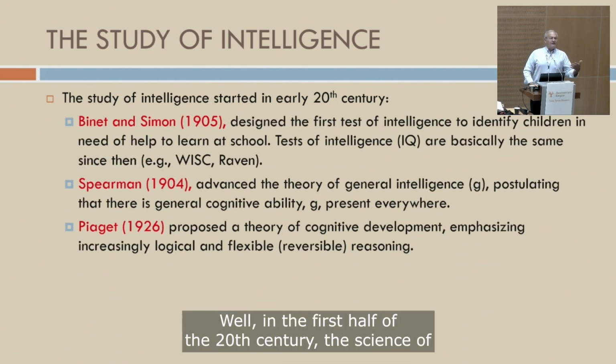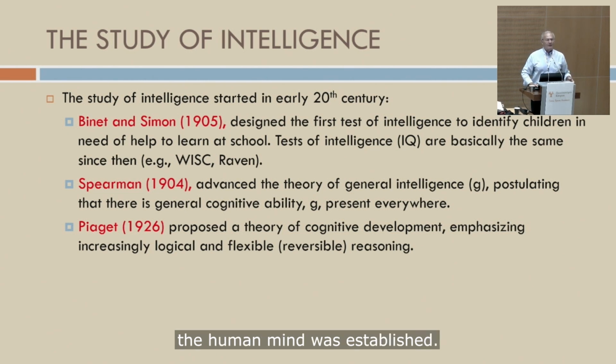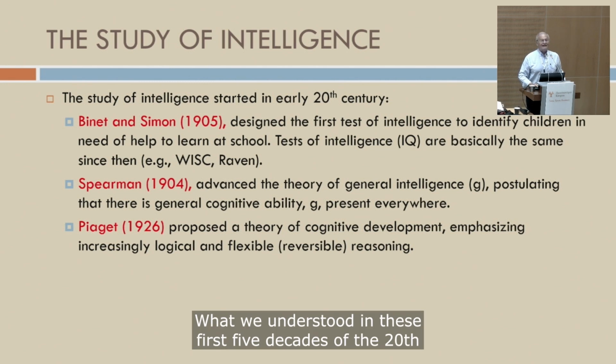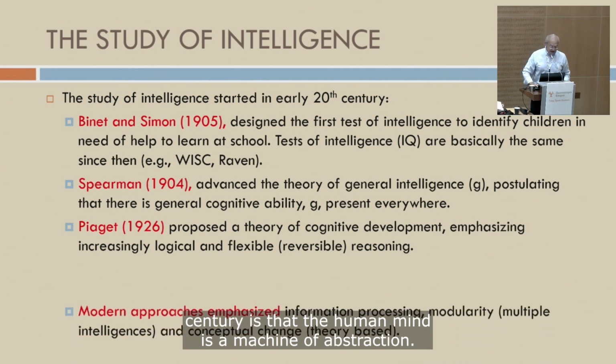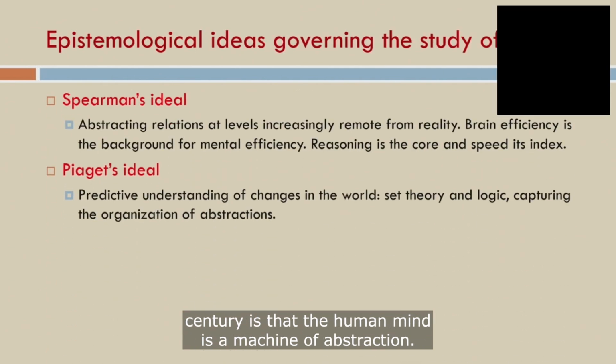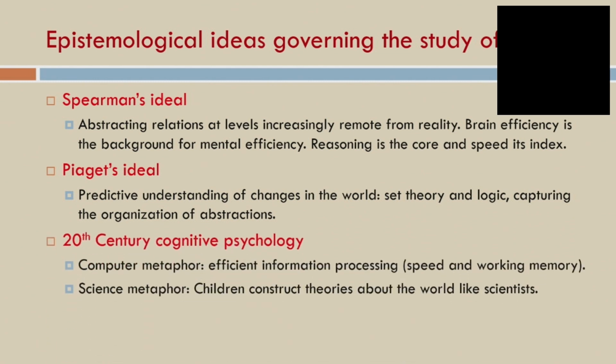Well, in the first half of the 20th century, the science of the human mind was established. What we understood in these first 5 decades of the 20th century is that the human mind is a machine of abstraction.